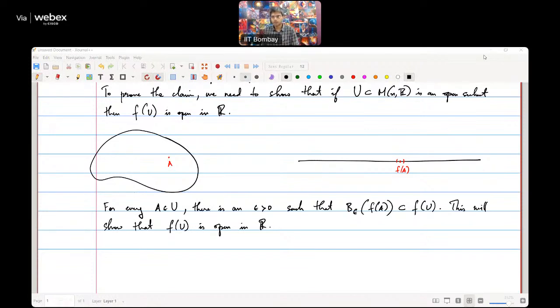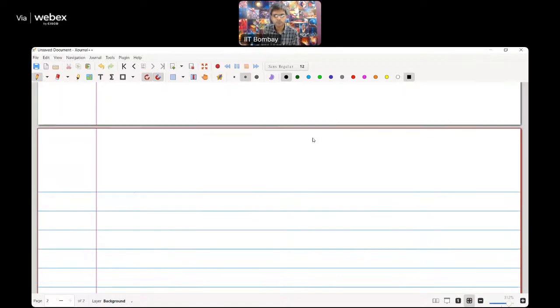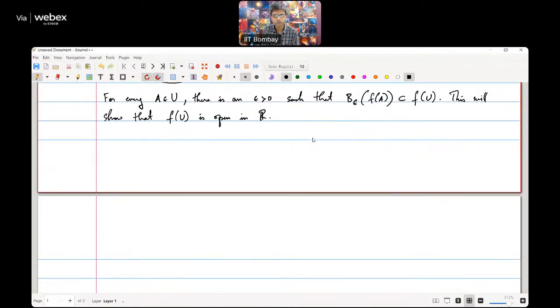So I hope the strategy of the proof is clear. So to prove this, we divide our proof into two cases. So let me go to the next page. So we divide the proof into two cases.